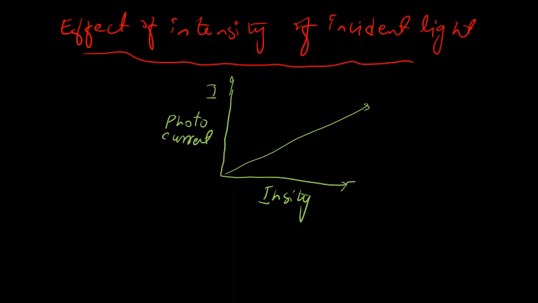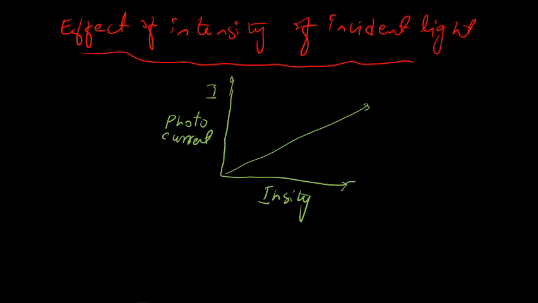This plot shows that when the accelerating potential difference between the electrodes is increased, the photocurrent shown by the microammeter reaches its maximum value. With increasing intensity of incident light, the photocurrent increases.